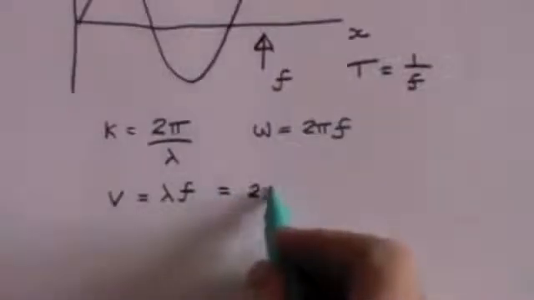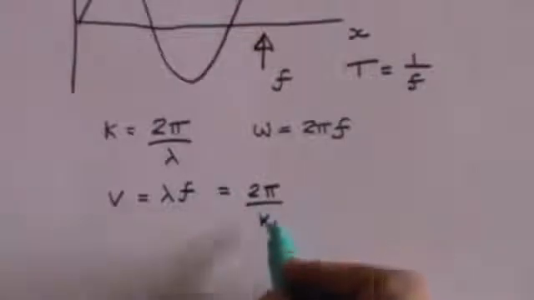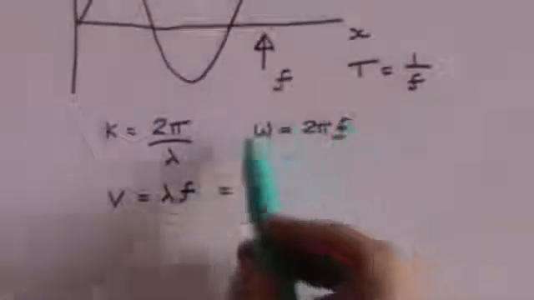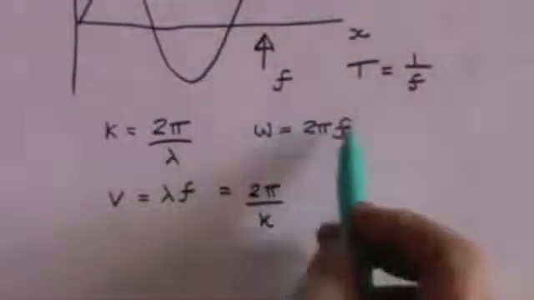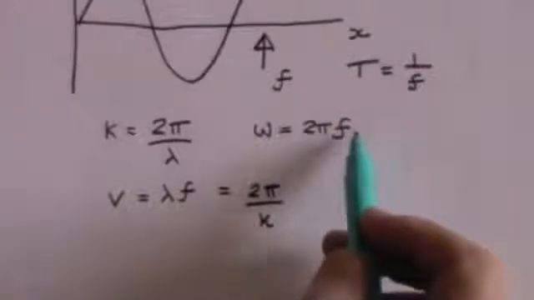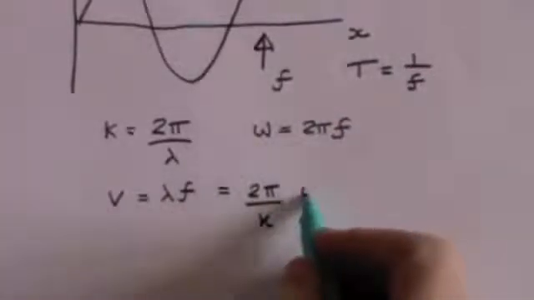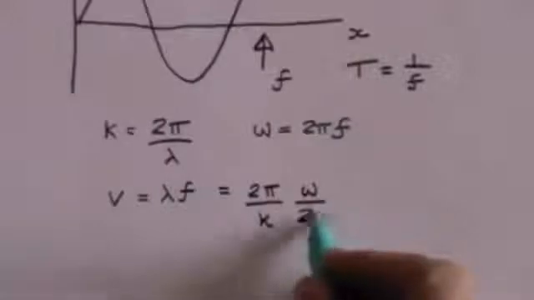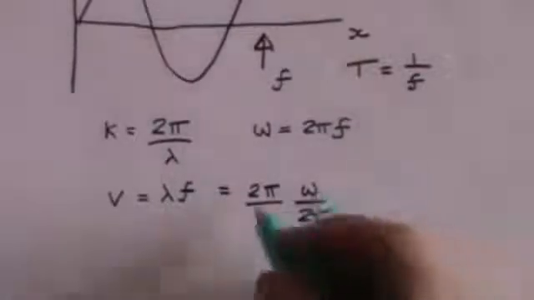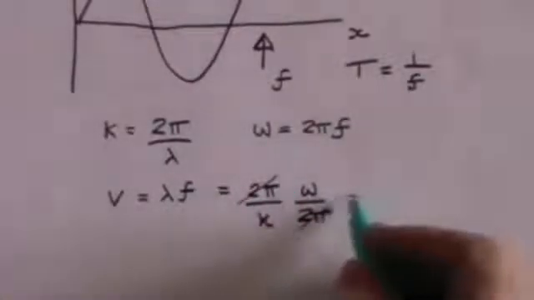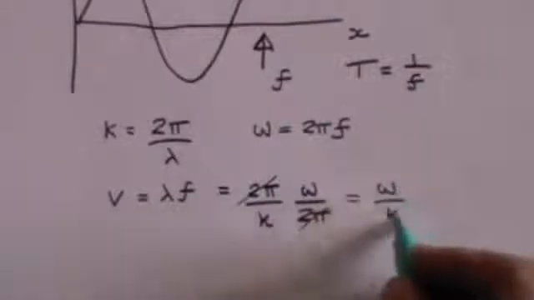The wavelength is 2 pi over k. So the velocity is the wavelength, 2 pi over k, times the frequency, which we get from this formula. Here the frequency is obviously omega over 2 pi. The 2 pi is obviously going to cancel, and that simply gives you omega over k.